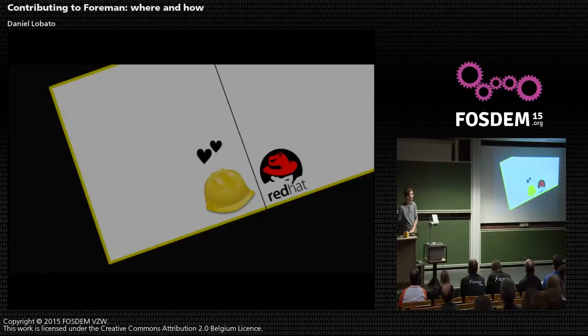Anyway, if you don't know what Foreman is, it's a lifecycle management tool. Basically, you can get an inventory of your machines. Foreman takes care of provisioning the instance, which means booting it up if it's virtual, or discovering it if it's physical, and configuring it normally with Puppet, but we've started to have support for Salt, and we have support for reports from Chef.